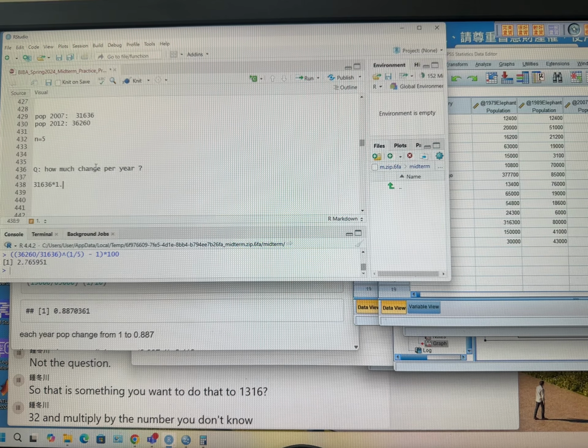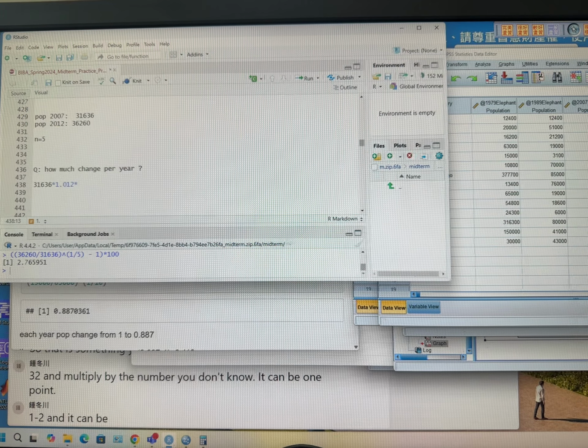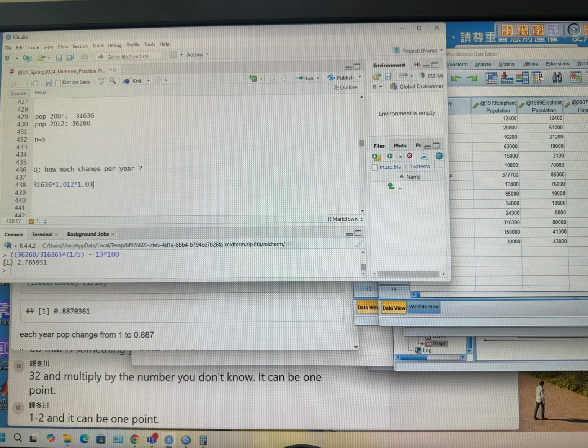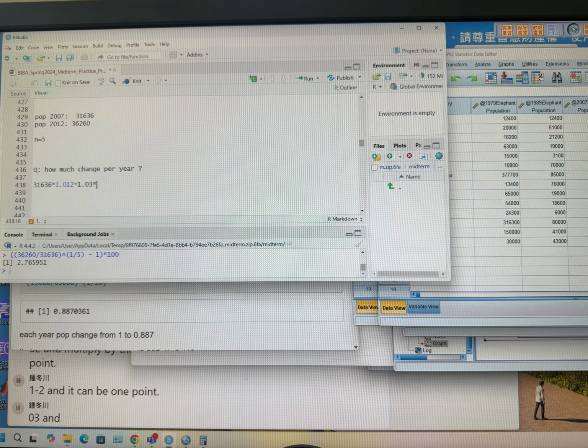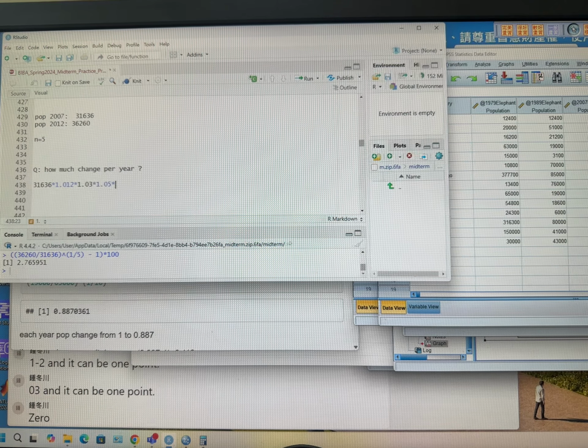It could be 1.12, and it can be 1.03, and it can be 1.05, and it can be over 5 years.